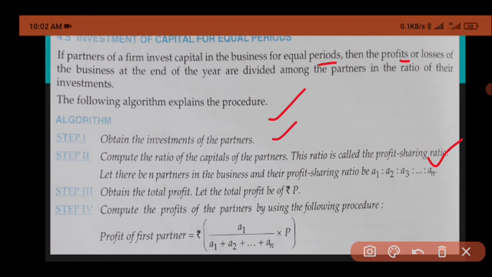Let there be n partners in the business and their profit sharing ratio be a1 is to a2 is to a3 up to an. So like this we will find the ratio. The third step, obtain the total profit. Let the total profit be rupees p. Then we will find the profit of each partner using this formula.